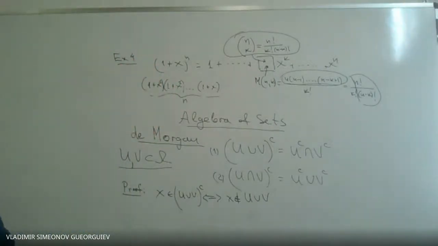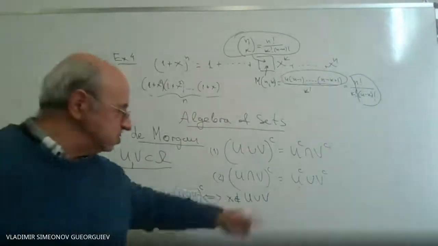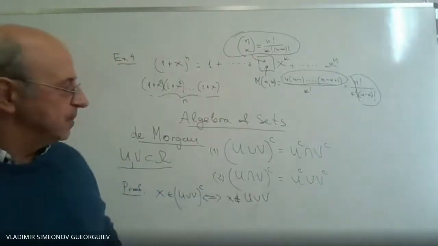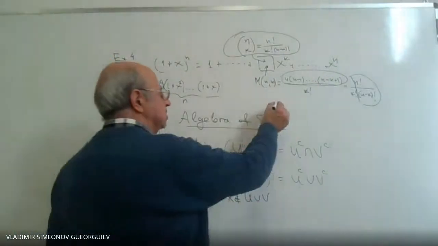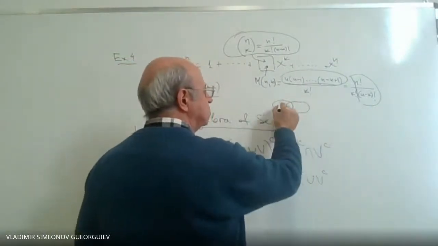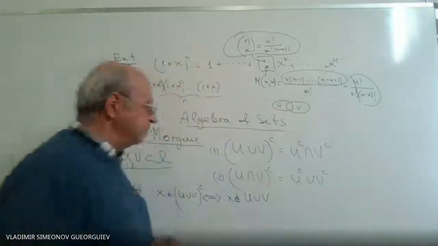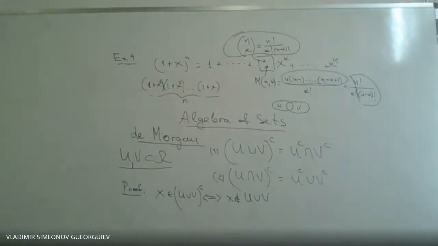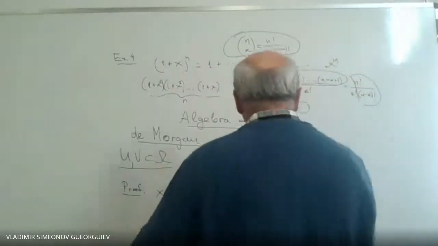Now we have a problem with the umbrella and array. What does it mean that x is not in this union? Let us make a small picture. This is U, this is V. What we can write is the following. Let us check this.